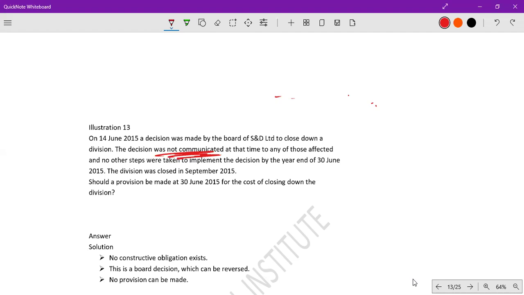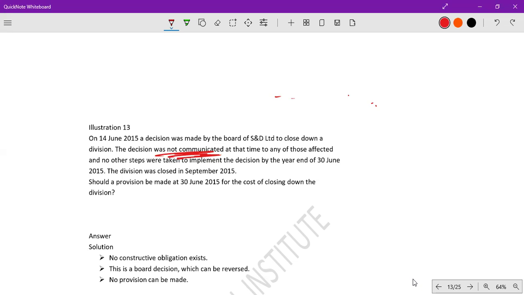Are we all there? Must all the conditions be satisfied before we can make provision? Not really. But in a situation where the two conditions are present, they must be met.